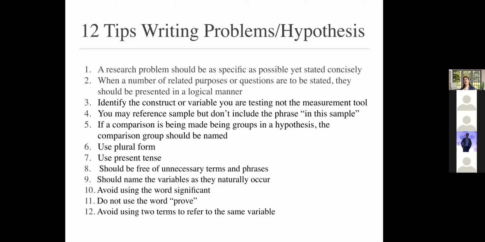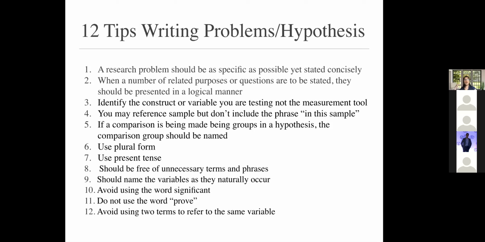And then your IV would be your variables like age or gender, right? So the way that we might state that is that there will be a difference in, or there are differences in mental health, right, according to age and gender or something like that, or you can differentiate those two.